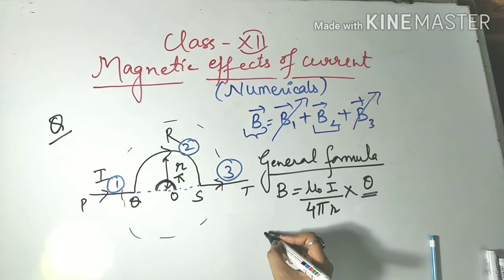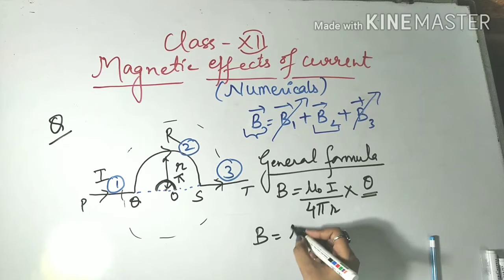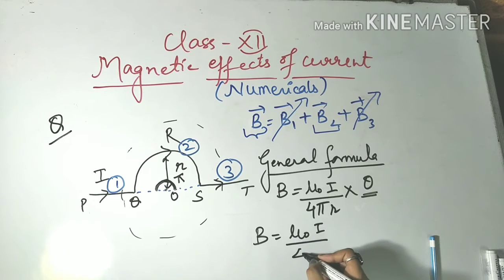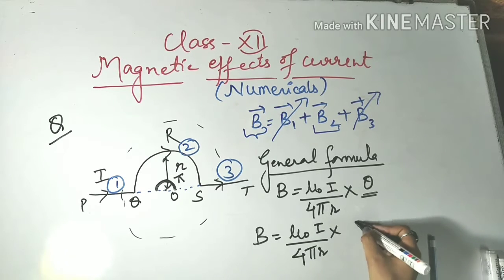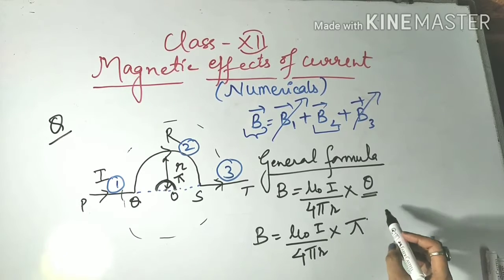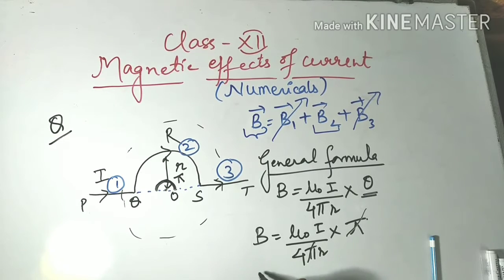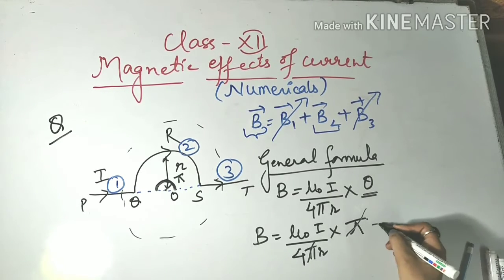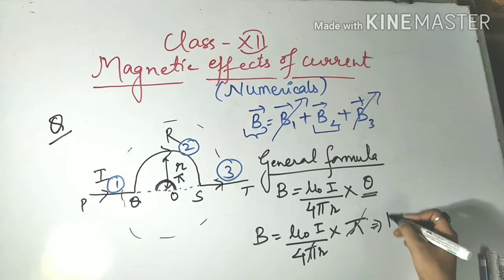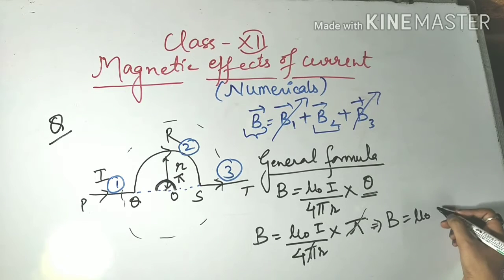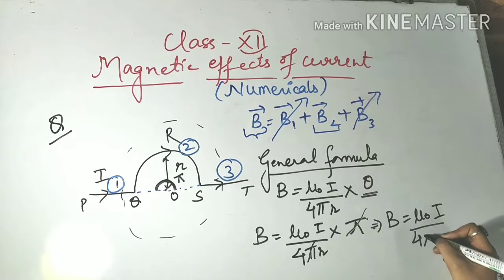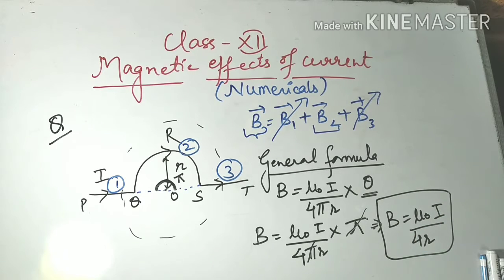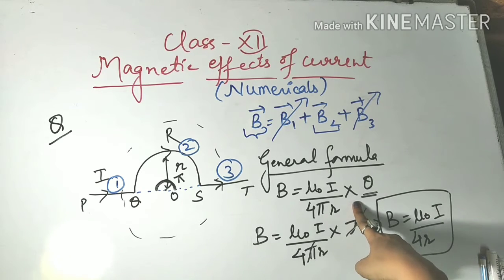So B equals mu naught I upon 4 pi r into pi. Pi cancels with pi, so you get B equals mu naught I by 4r. Just remember this general formula. Whenever the question is about a circle, you have to apply this formula.